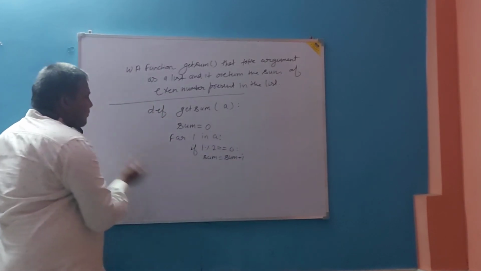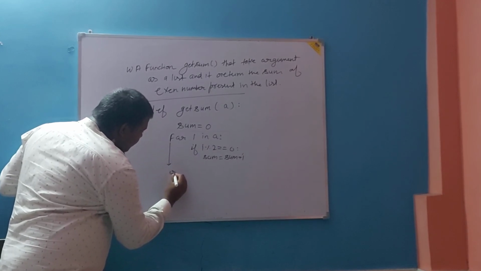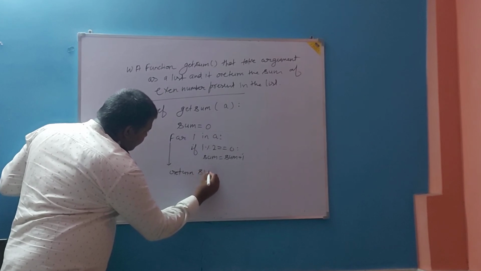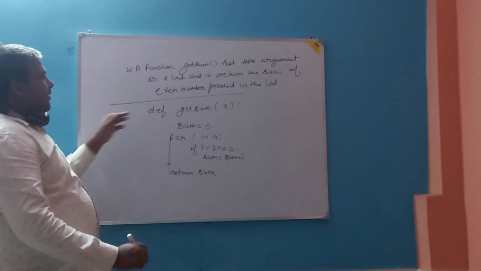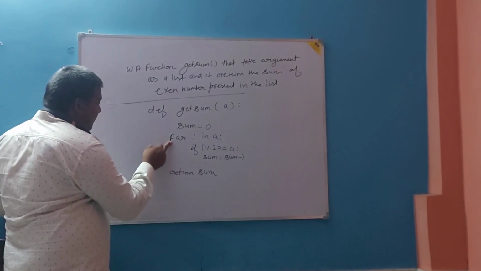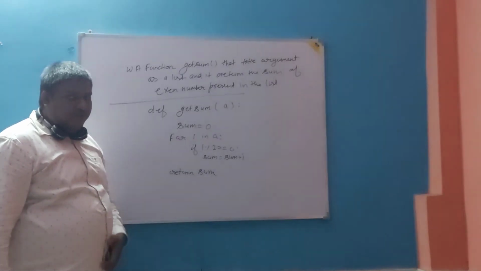Then this loop will terminate, and in the indent of this one I will write return sum. This is the function. This line, no need to draw. I have only drawn it for you, so you may see the alignment.